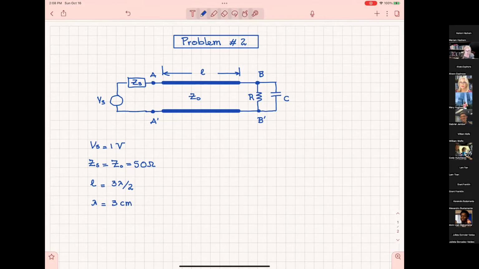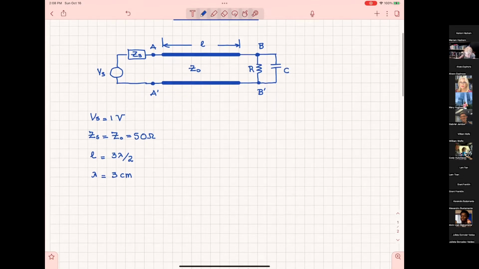If I don't give you lambda, I will give you frequency. So I can give you frequency F to be 10 gigahertz.